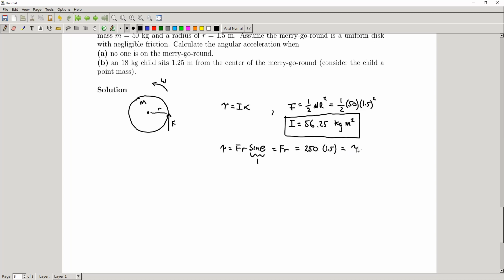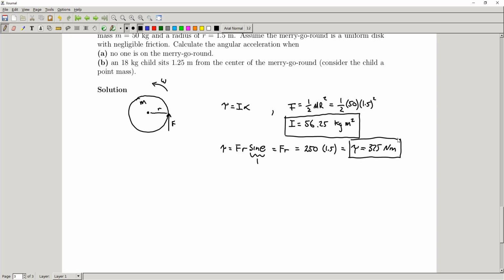If we do that calculation, we're going to find a tau value of 375 newton meters. That's our tau value.